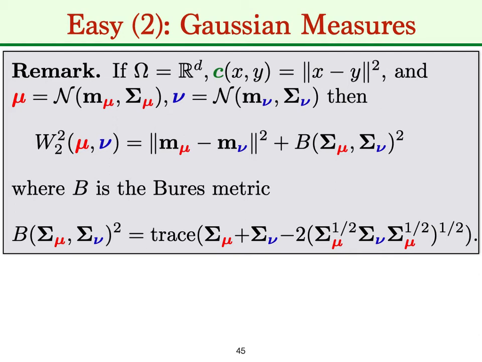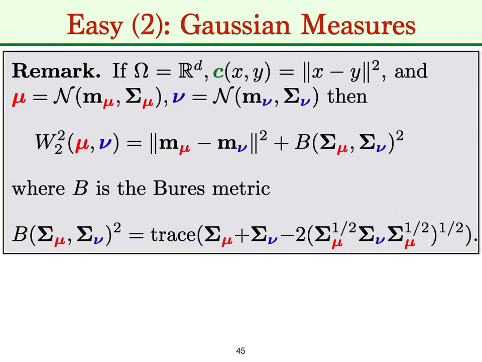Then the Wasserstein distance between them is basically the difference in the means of those Gaussians plus a discrepancy, actually a metric, between the covariances. So this splits very nicely between how different their means are and how different their covariances are. And the distance for covariances that is used is called the Bures metric.